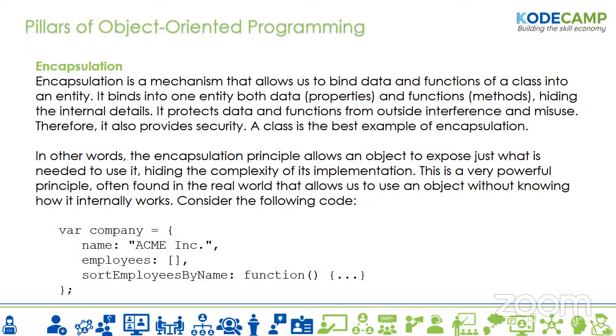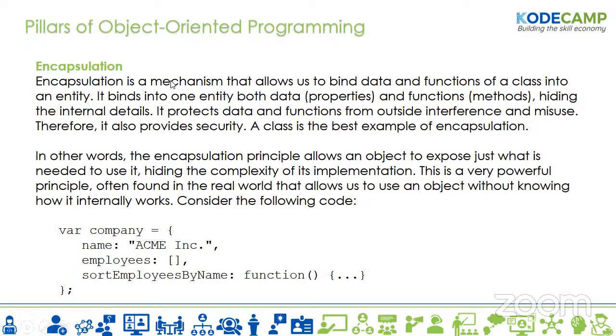Now, for you to be at an intermediate level, you obviously have worked with some classes. And we're going to see what encapsulation is like from just this brief description.